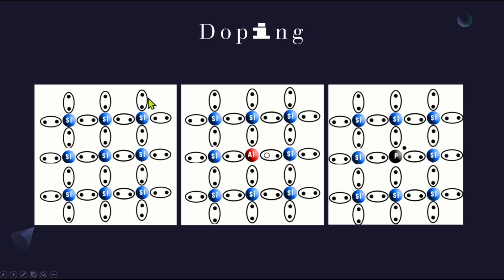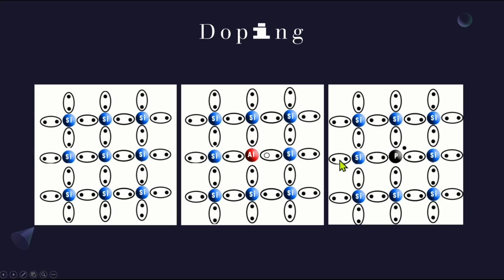So let's see what n-type doping and p-type doping are. We add elements like phosphorus, arsenic and antimony, atoms with 5 valence electrons, as you can see on the right hand side diagram where we have phosphorus. 4 of them bond with silicon and the fifth electron remains free, as you can see. So the electron concentration becomes much higher than the hole concentration.